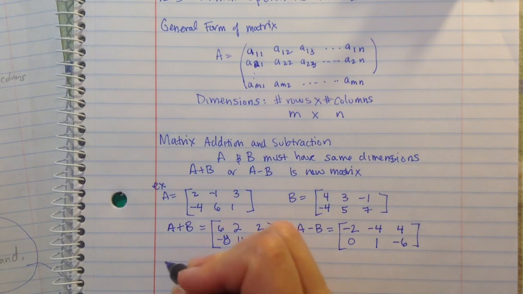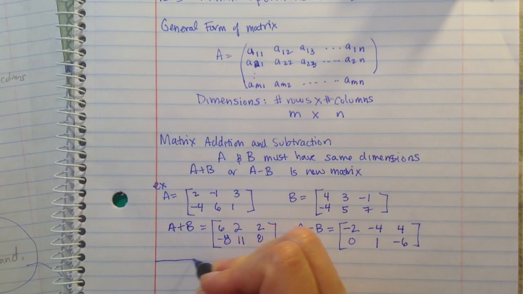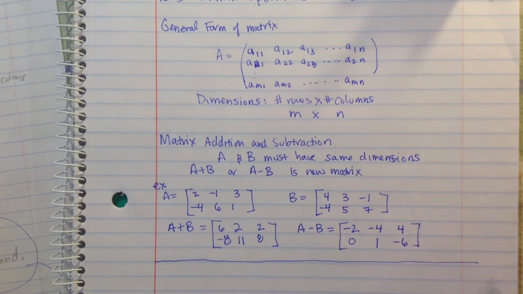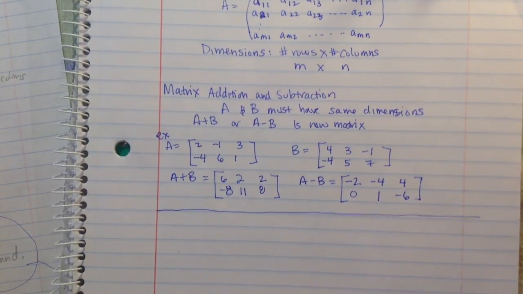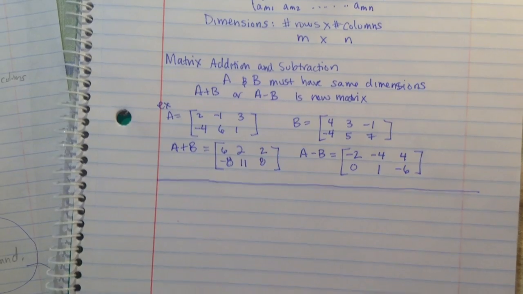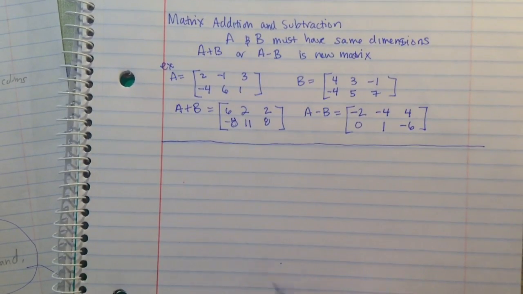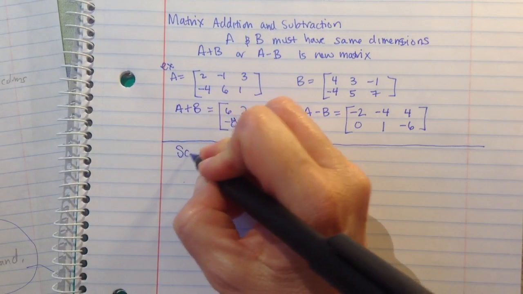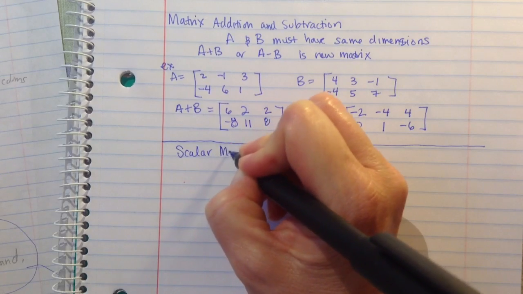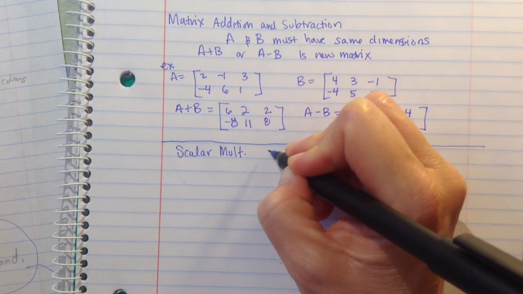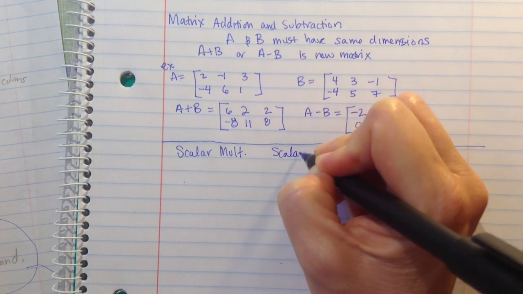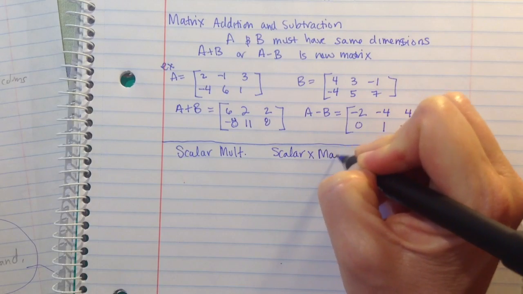Now we can also do something with multiplication. Multiplication is a little bit trickier. In the next video we'll talk about multiplying two matrices together. But for this video, let's just talk about scalar multiplication. And that's when we take a scalar times a matrix.